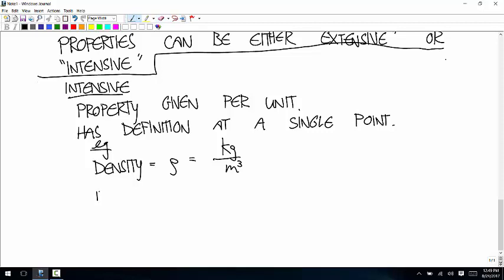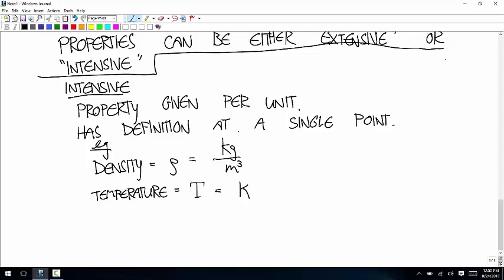Another intensive property is temperature. I'll always write that as a fancy T with little shoes and tails. You can use lots of different units for temperature, let's say Kelvin. Density is pretty clear from looking at the units that it's on a per unit basis.